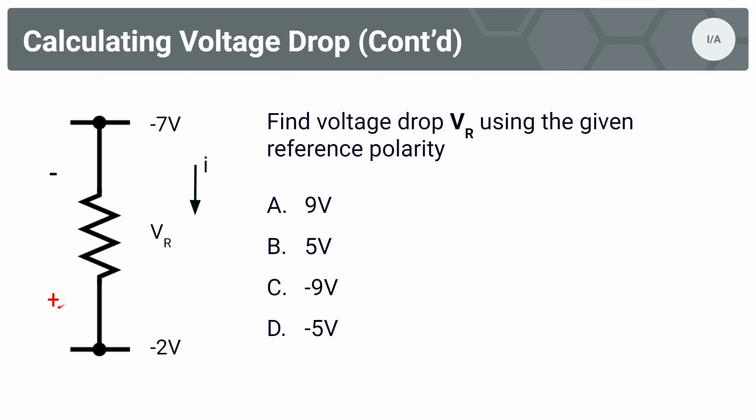We've changed the reference polarity such that current now flows from the negative to positive terminal of the voltage drop. So go ahead, pause the video. Again, I understand if these concepts haven't quite set yet, so go ahead, rewind if you need to, come back to this clip, attempt the problem, and unpause when you're ready.